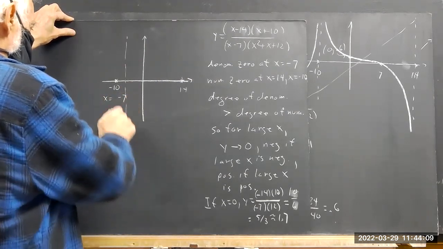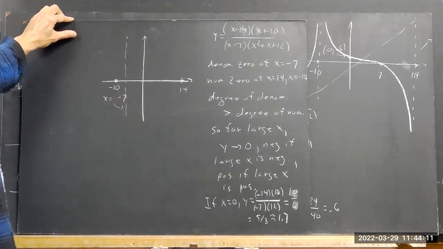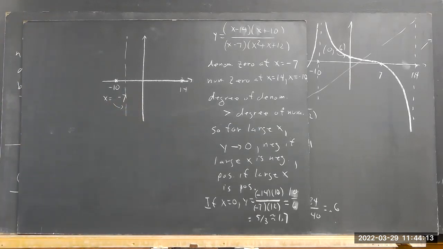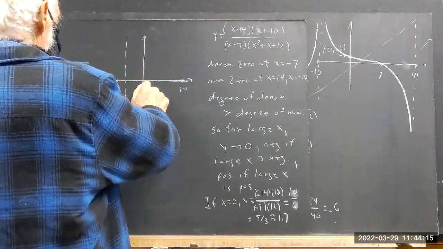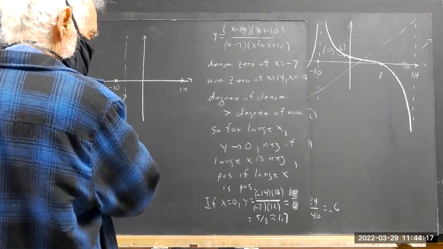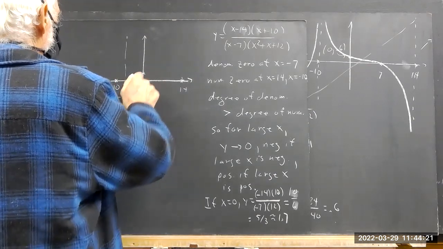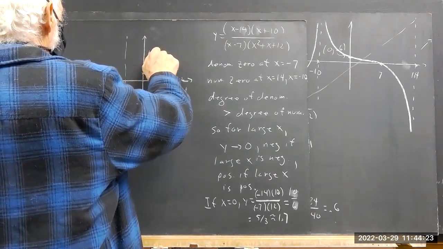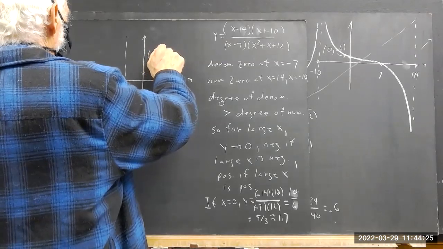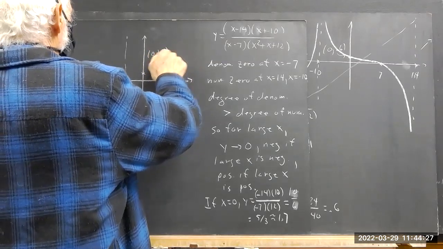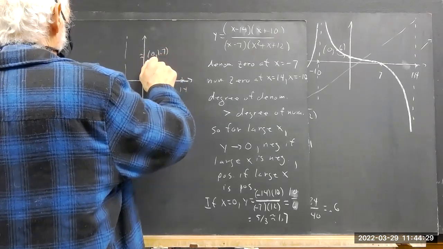So this dotted line is x equals negative 7. The y-intercept is at 10 over 6, or 1.7. So this is the point (0, 1.7), approximately.